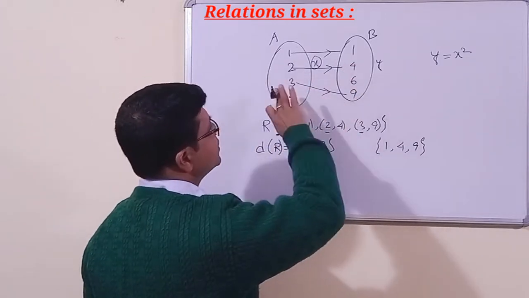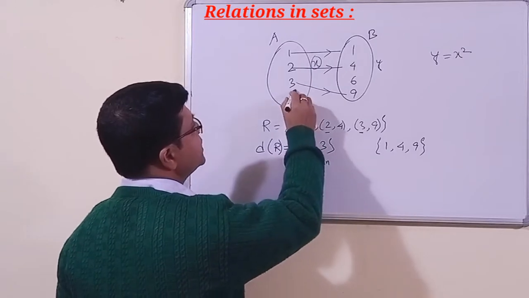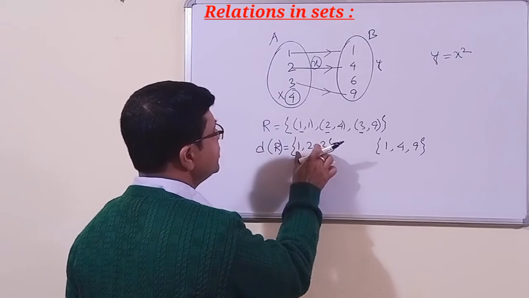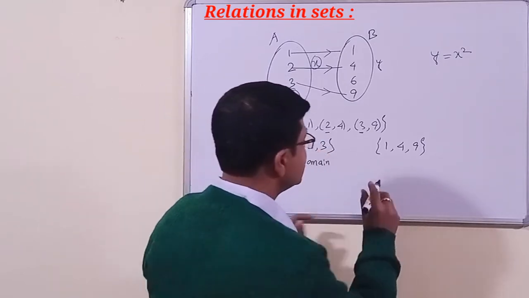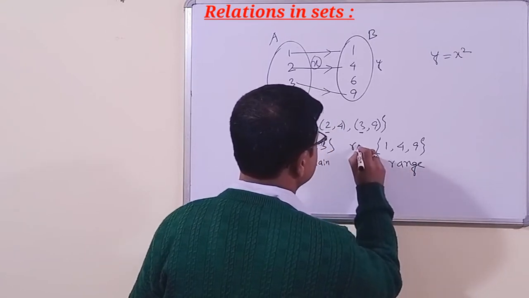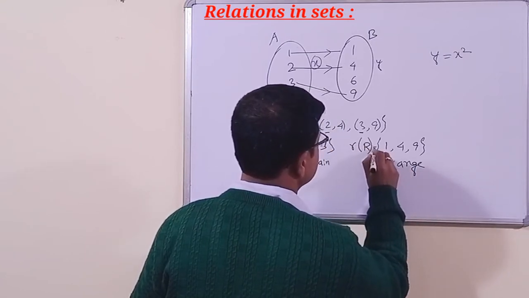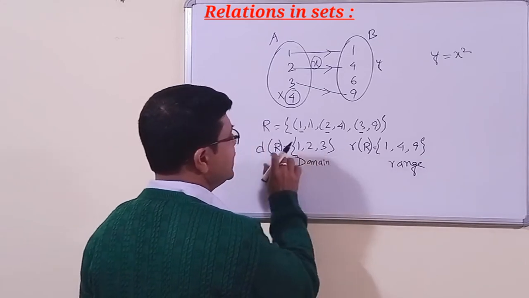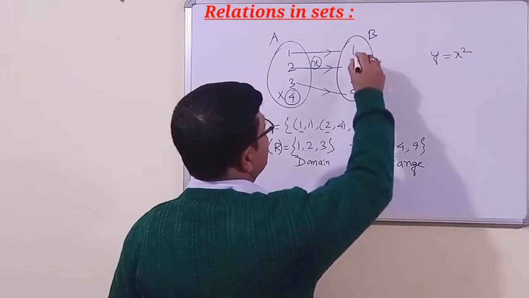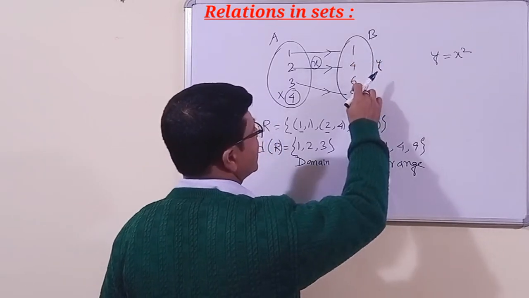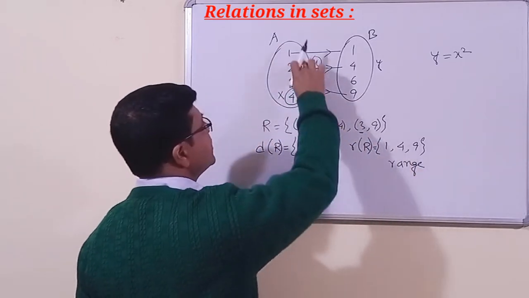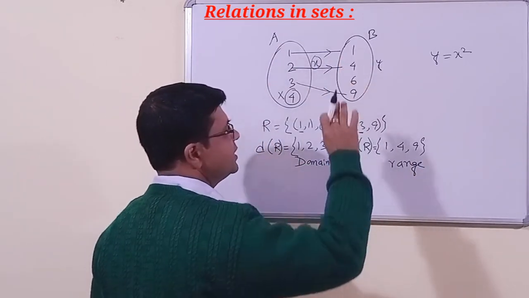This 4 is not in the domain. The set 1, 2, 3 is the domain. And the second components 1, 4, 9 are called the range. This part is the domain and this is the range.